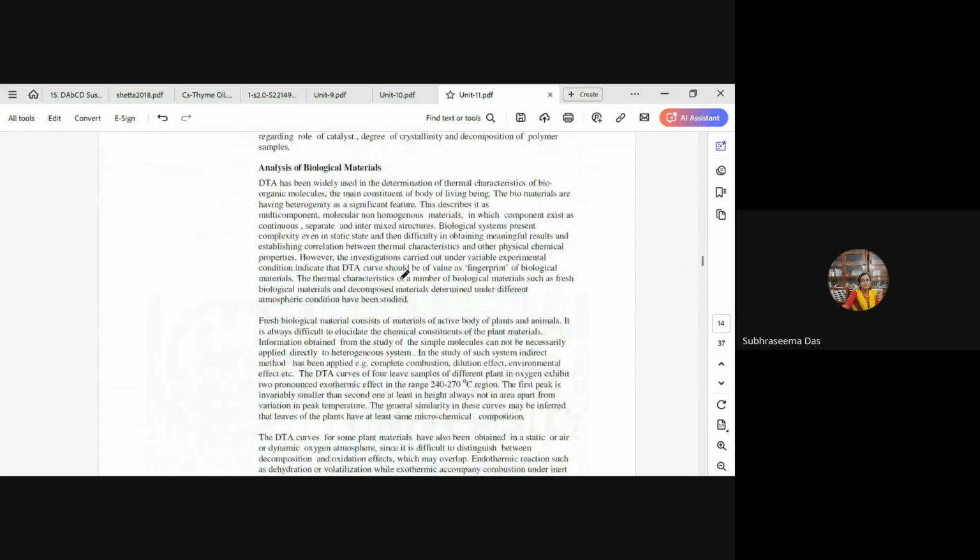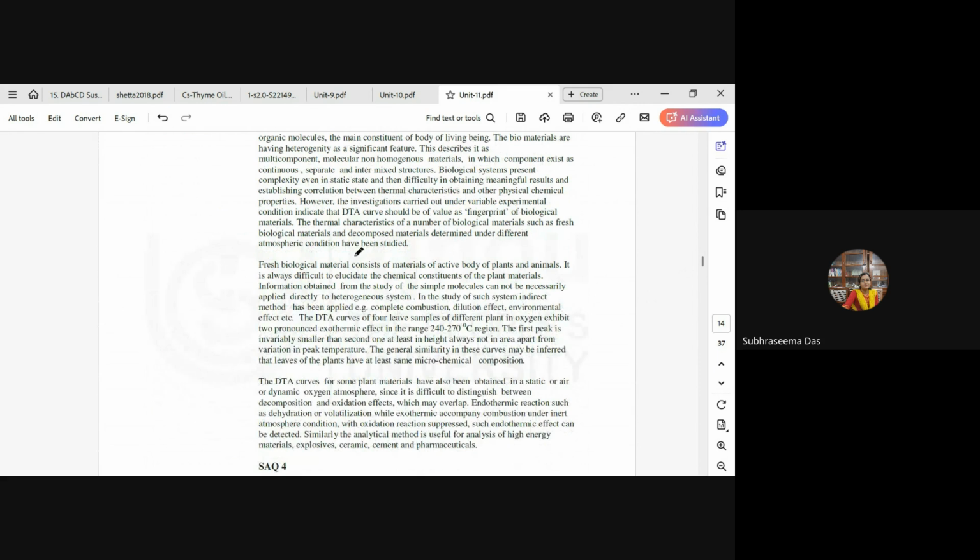DTA has also been used for analysis of biological materials, but its application has been much more in polymer chemistry rather than in biology. Biological materials consist of active bodies, the living parts. However, it has always been difficult to analyze those biosamples.